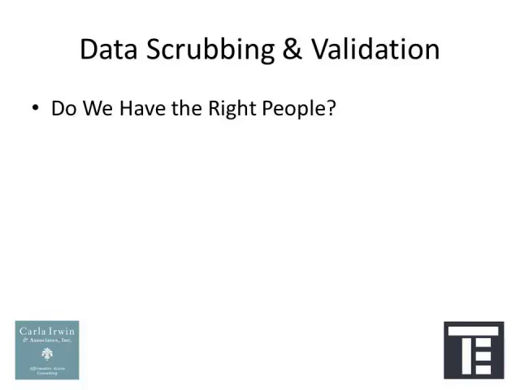So the first question you should ask yourself when you are reviewing the data is, do you have the right people? And this is really going to be very similar to the workforce snapshot analysis that we did in terms of comp data, because from an AAP perspective and what you're going to submit to the OFCCP, that's really the base report that you're going to use for analyzing your comp data.